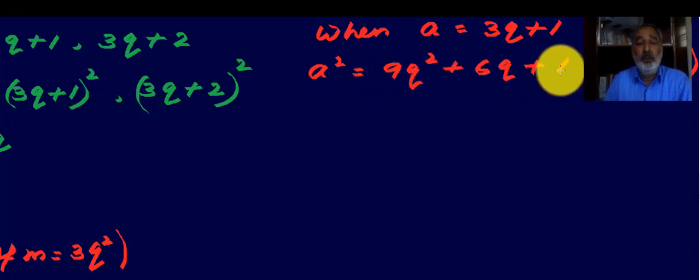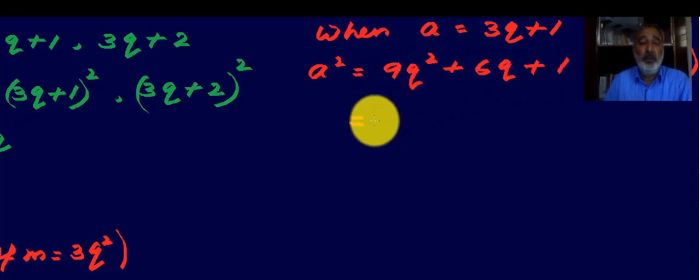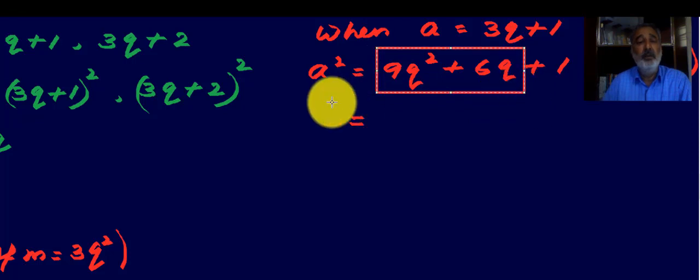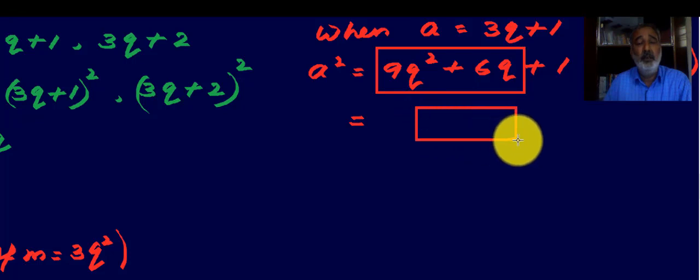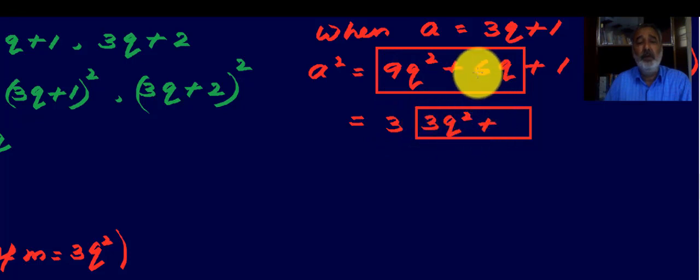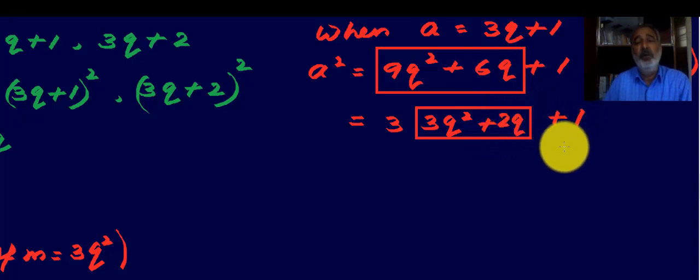Now, what is this number? I can write this expression as a multiple of 3. This expression can be written as 3 into, taking 3 as a common factor, 3q square plus 2q, plus 1.